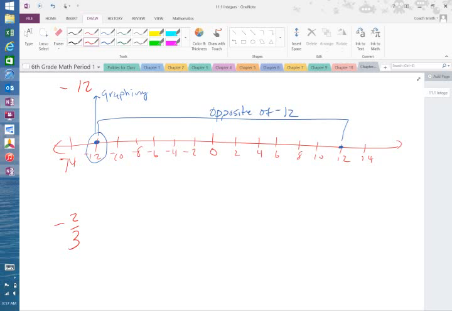Is it a negative? Yeah, it's a negative. But is it a negative integer? Yes or no? Who thinks yes? Raise your hand. Be proud if you think yes. Be proud if you think no. So who thinks no? Okay, if you think no, then you need to be able to explain why it's no.